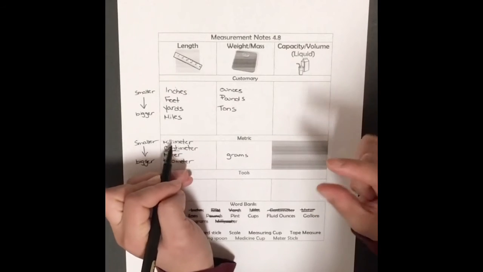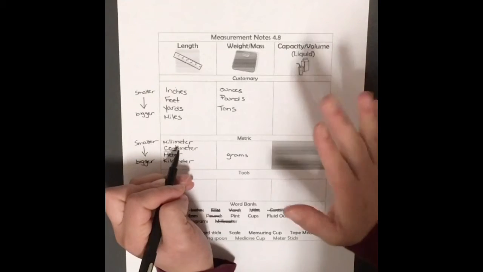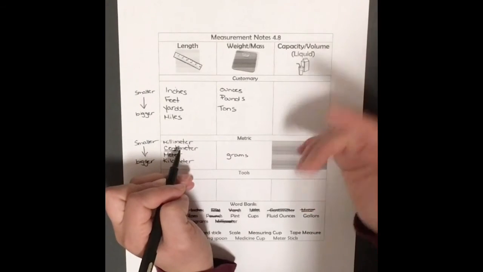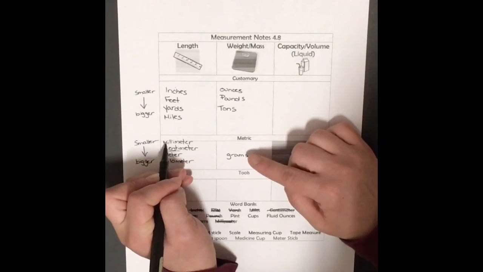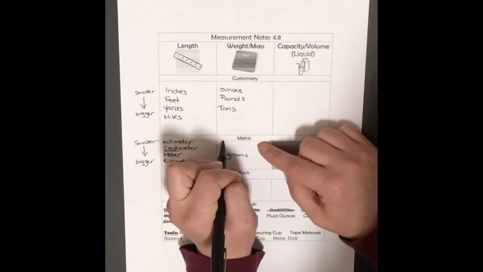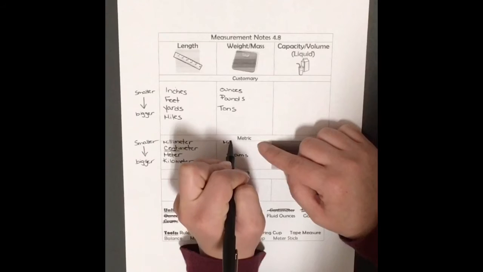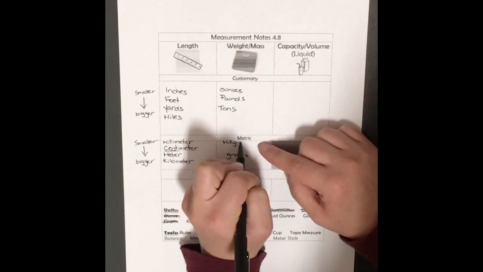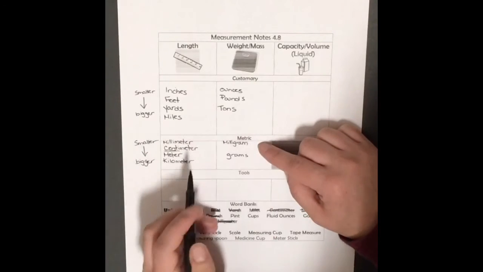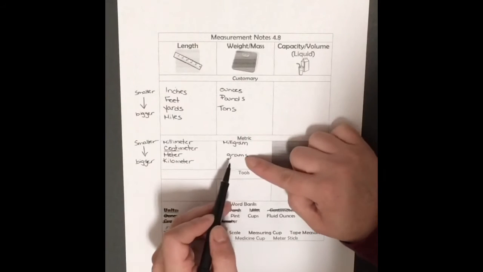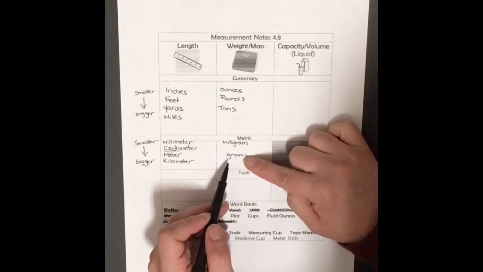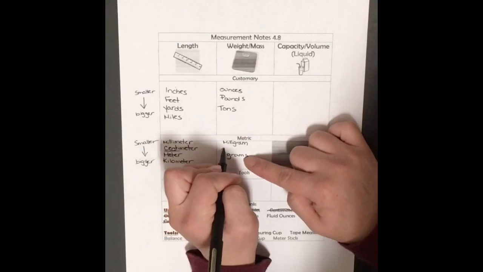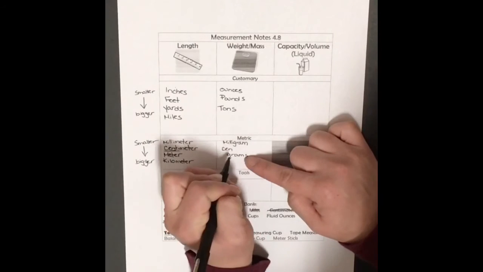So if I'm talking little weight, something that has not a lot of weight at all, like a paper clip, I would have a milligram. Talking a little bit more weight, but not quite as much as a gram would be, we're talking a centigram.